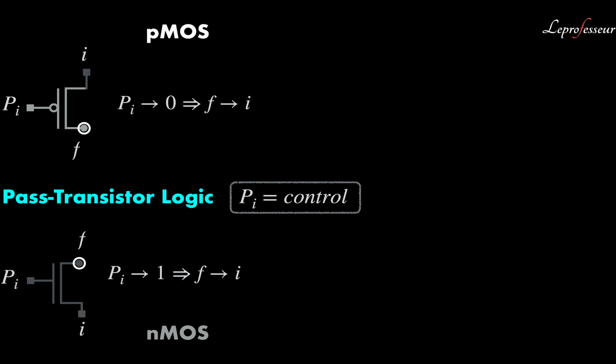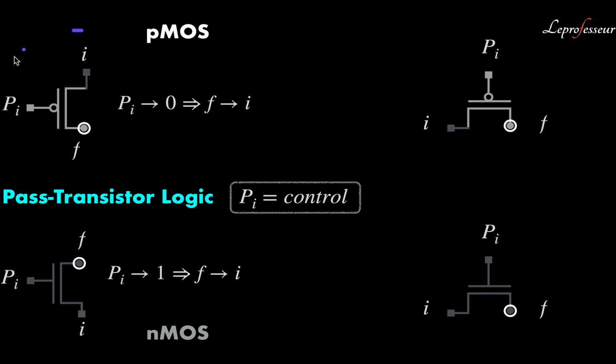So we have PMOS and NMOS, and typically in textbooks you see the PMOS structure rotated 90 degrees. In my lecture, I have just drawn it straightforward, but nevertheless it's all the same.